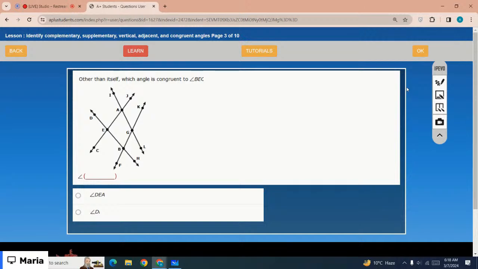Other than itself, which angle is congruent to angle BEC?